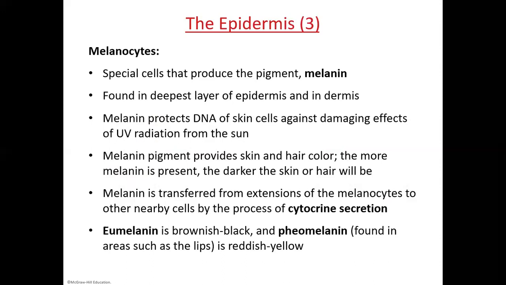The melanin is made within the cell of the melanocyte. And that melanocyte then secretes, basically it ejects the melanin pigments outside of its cell membrane, and it will go into the surrounding cells of the epidermis. And the process of doing that is called cytokine secretion.